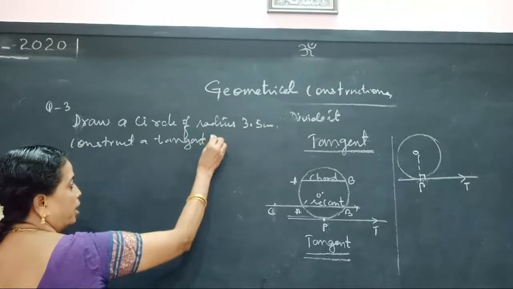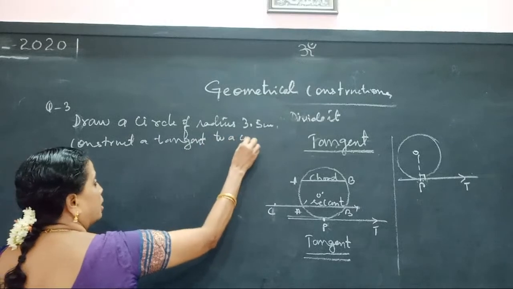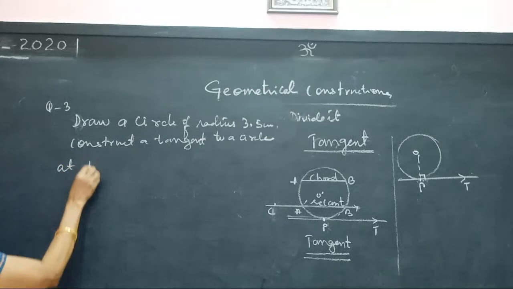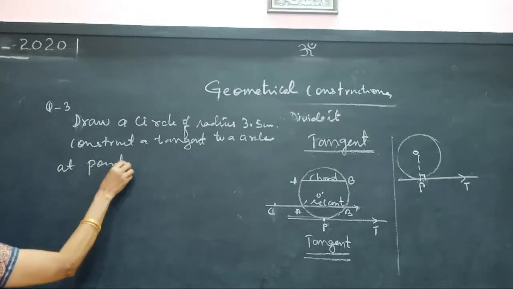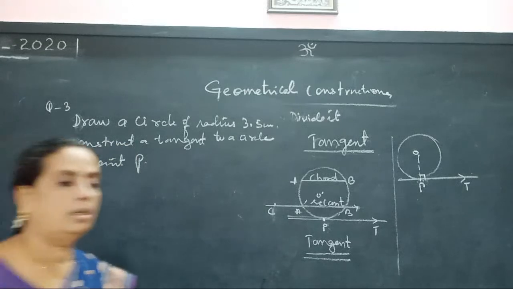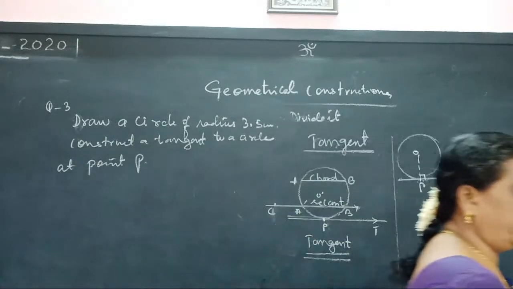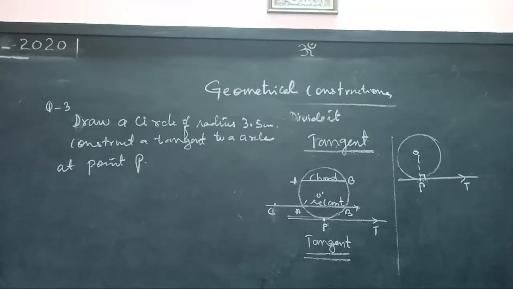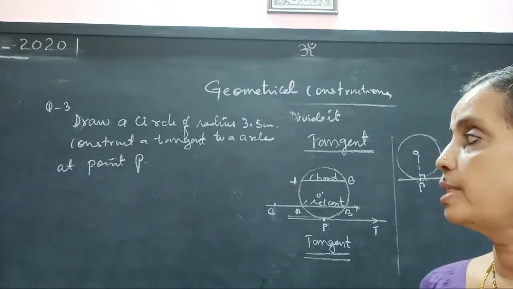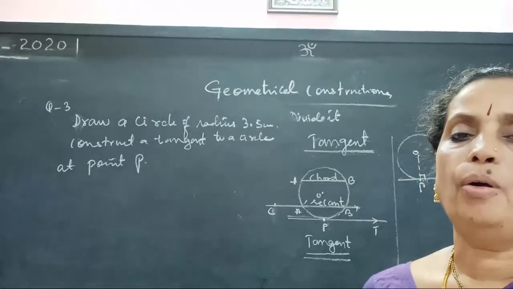Construct a tangent to a circle at point P. Take the question: draw a circle of radius 3.5 centimeter and construct a tangent to the circle at a point P.